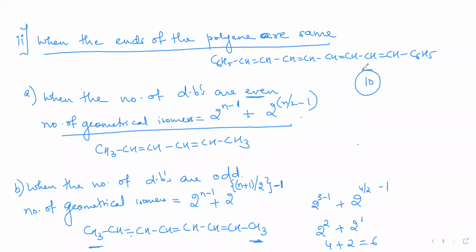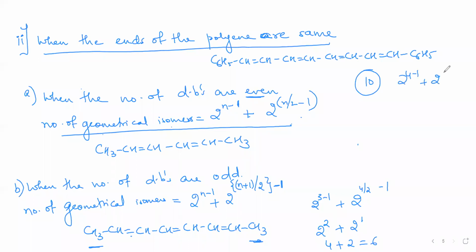So which formula you're supposed to use for this compound? This one. When the ends of the polyene are same, and the number of double bonds are even. Even number of double bonds are there. 1, 2, 3, 4. So then you will be using this formula. Are you getting it? 2 raised to 4 minus 1 हो जाएगा.